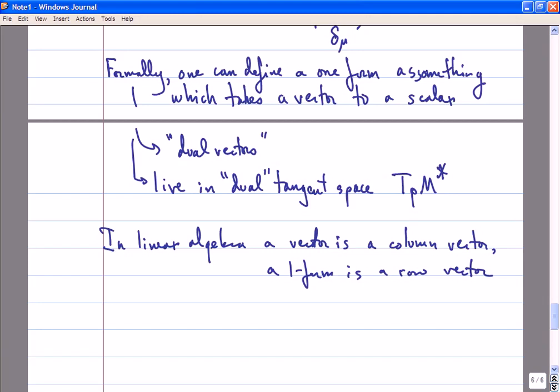So what we call v^mu w_mu here would, in the language of linear algebra, be written as the column vector made up of the components of v, times the row vector made up of the components of the one form.